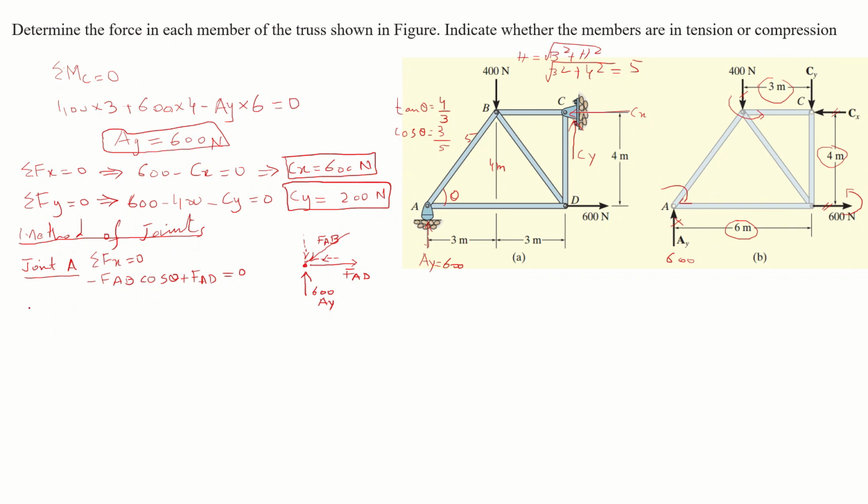So we now move to the second equation, which is sigma Fy is equal to 0, and in the y direction there is a 600 Newton force on the upside, and minus FAB with its vertical component.